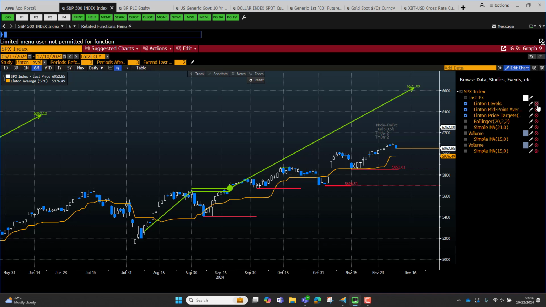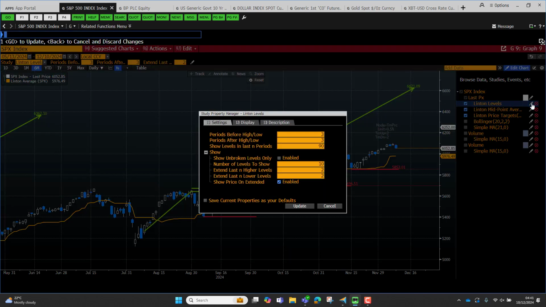Now, there are three main elements to the targets, and they are shown in the studies. The first one is Linton levels, and that's really very simple. This just draws support and resistance lines, and you can set these, but in this case we're looking for a high where it's the highest high in the last 3 bars, and the 3 bars afterwards are no higher. So it's a high point with 3 bars either side.